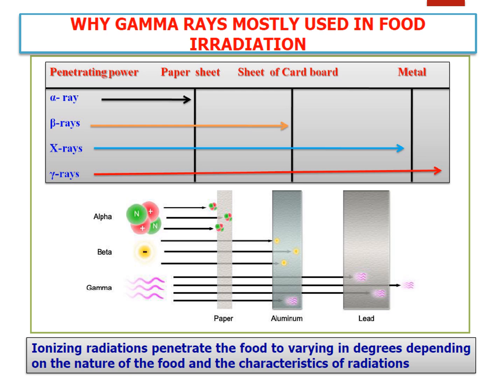So this is a representation of the penetrating power of the different radiations: gamma ray, beta ray and alpha ray. Among these three, gamma ray has a high penetrating power when compared to beta and alpha ray. So gamma ray is used for food irradiation purposes.